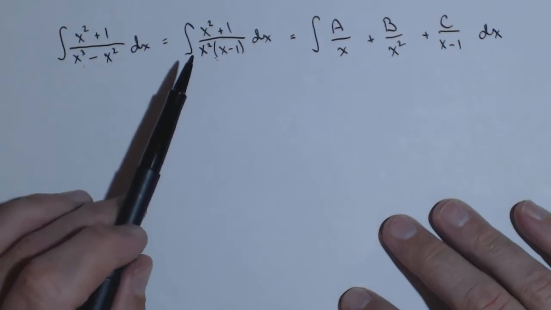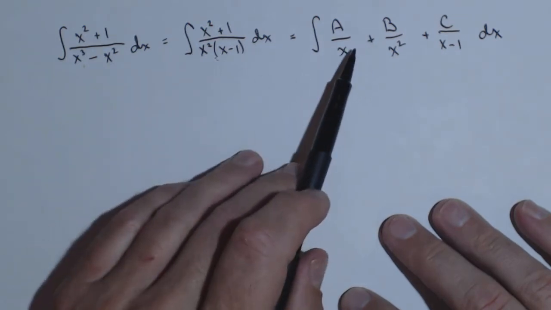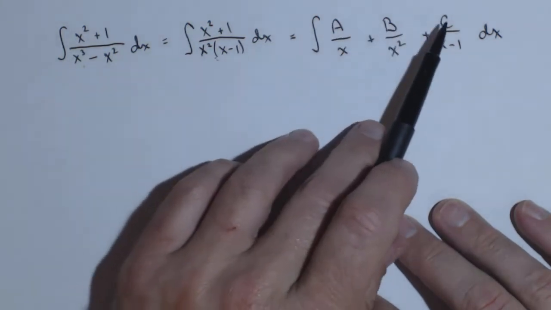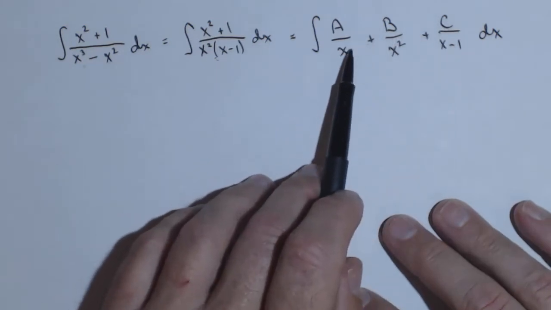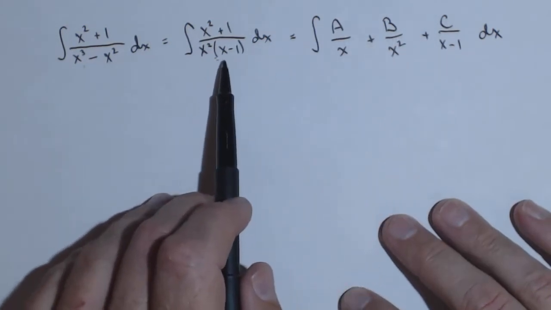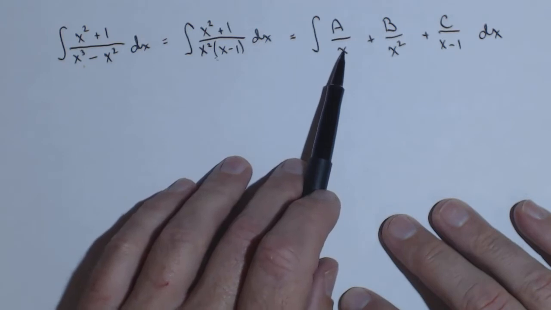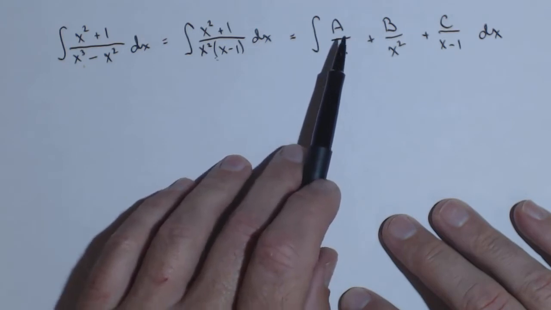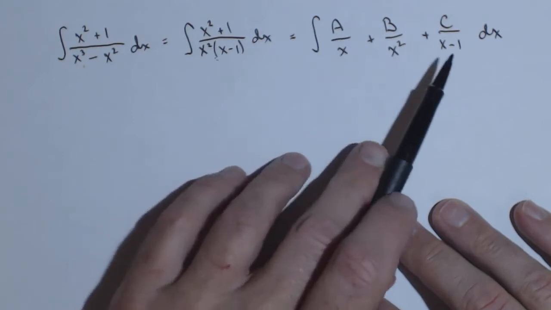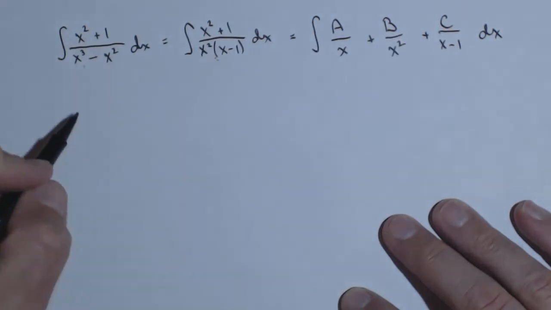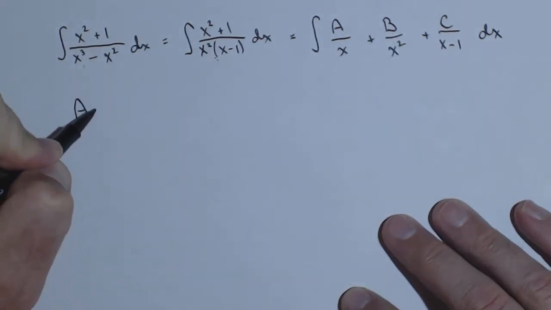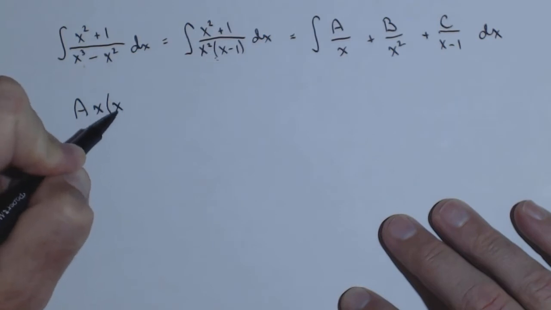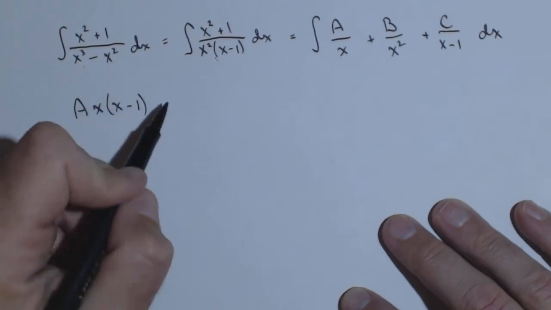And now we need to create our system. The way we do this is we're going to multiply A, B, and C by whatever factors we need to get this common denominator. Currently A has a denominator of just x, so it would need to get multiplied by another x and x minus 1 to have this common denominator. So A times x minus 1 times x.